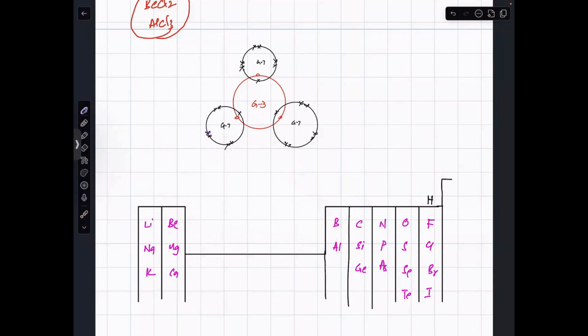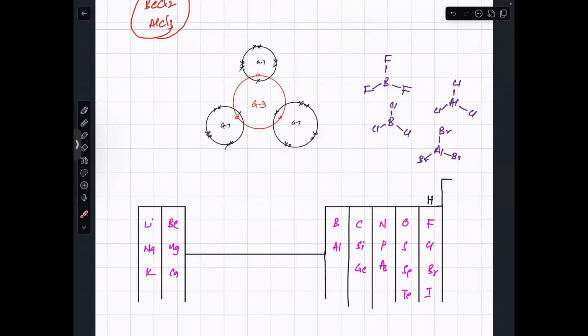Like if it is boron with 3 fluorine, boron with 3 chlorine, BCl3, aluminium chloride. Suppose it is aluminium bromide. So what is common in all these?